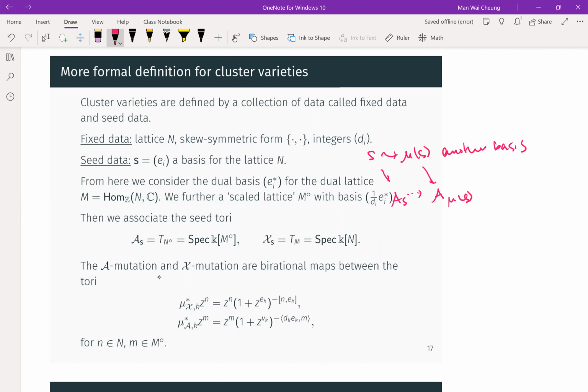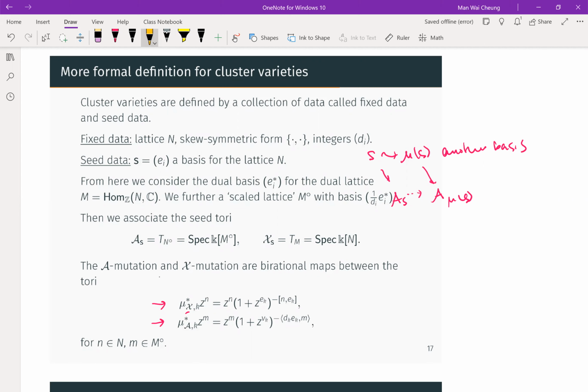This birational map is just the one we set in the beginning. But formally speaking, the X mutation is something like this, and the A mutation is like this. And this is how we distinguish those two types of cluster varieties, by the difference between their mutation maps. So I think it's going to be notationally heavy.